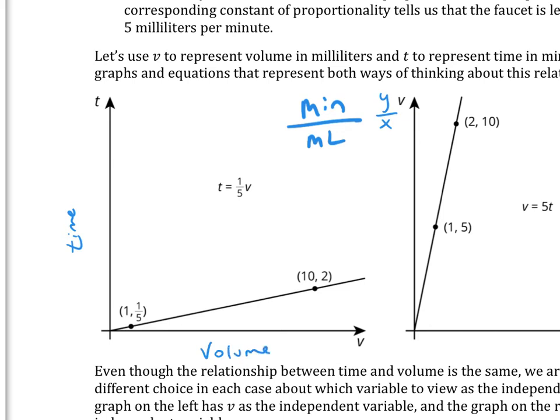Please make sure we're labeling the x and y-axis, because you will have to do this on the cool down. They got 1/5 as the constant of proportionality, and they got that by doing 2 over 10, which simplifies to 1/5.